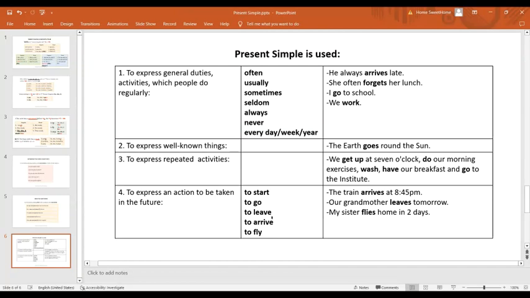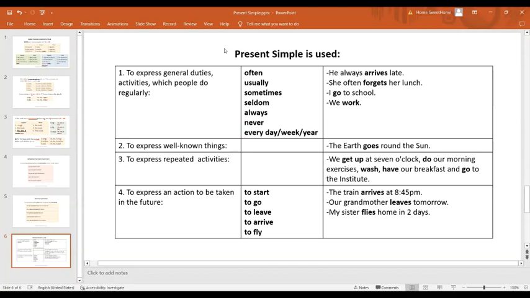For example, I go to school or I go to work. I go there every day, or every week, or every month. I need to use present simple here. So it shows how often.